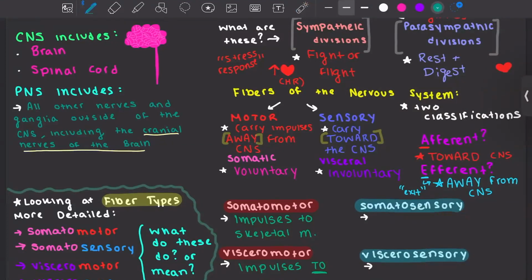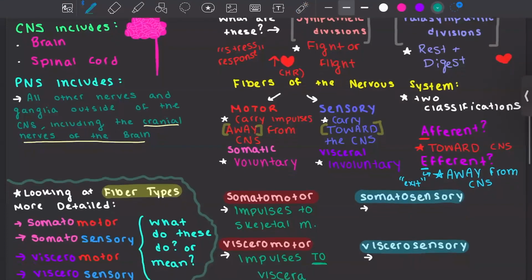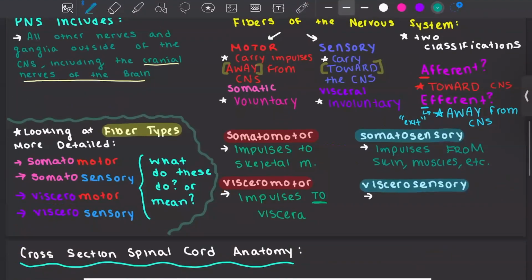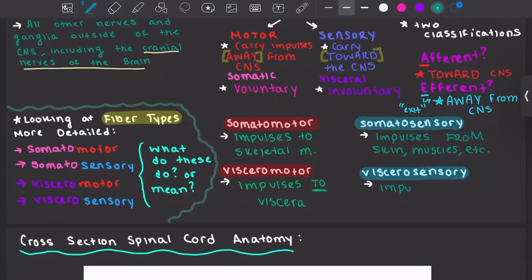So somatosensory is going to be impulses from skin, muscles, etc. Because of that somato, voluntary structures. So that means viscerosensory is going to be impulses from viscera. So those are the basic definitions of those.